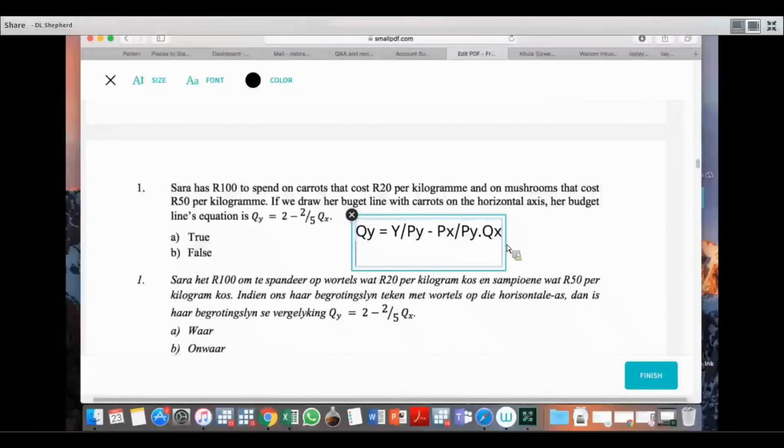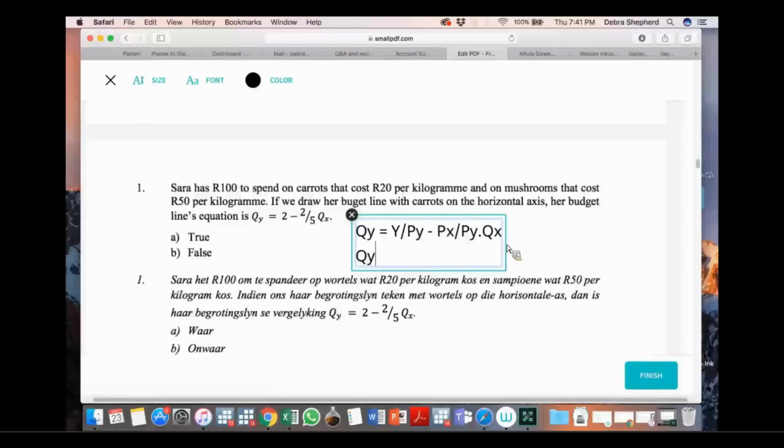So if we take those numbers and we sub it in, we get QY is equal to 100 divided by 50 minus 20 over 50 times the quantity of X. And if I simplify that, 100 divided by 50 gives me 2.